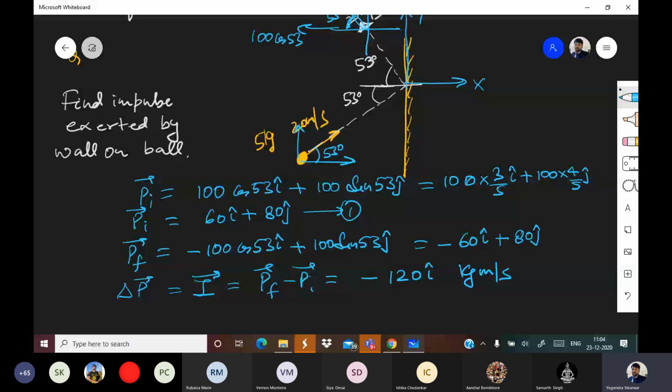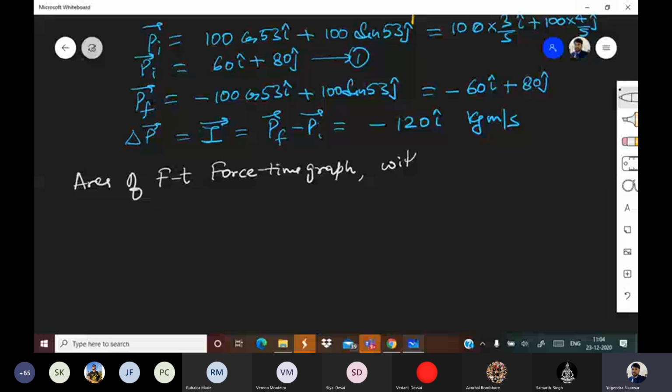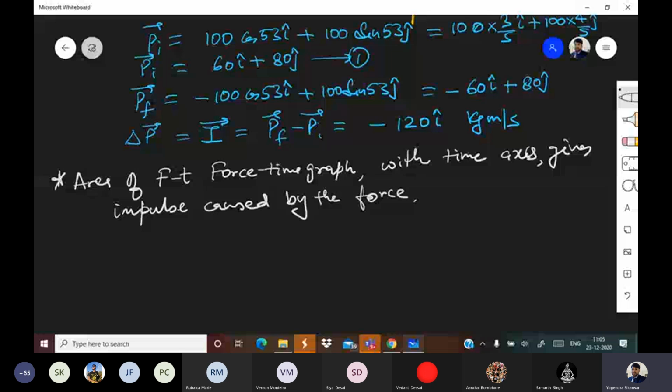Good. Next point. Area of the F-t graph, F-t meaning force-time, with the time axis gives the impulse caused by the force.